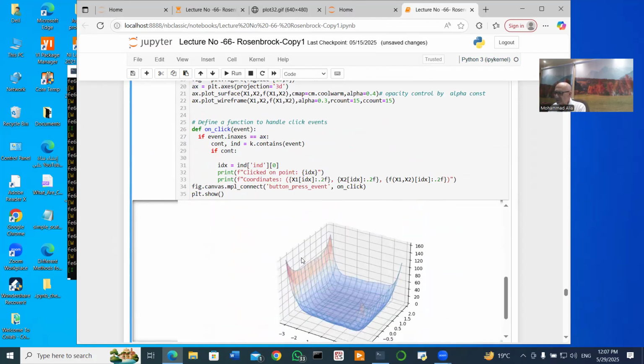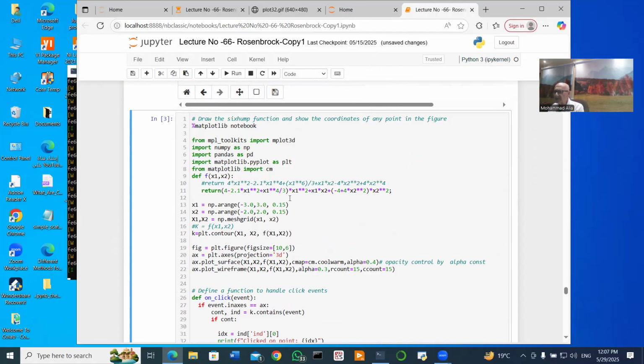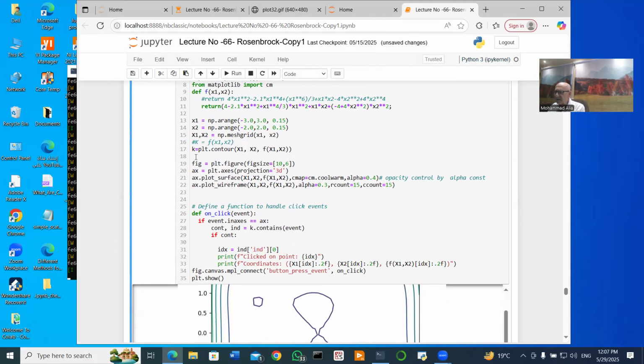So if we run it here, okay, let me explain something for you. The matplotlib notebook line is already written. I have called the necessary libraries and I have defined the function. I have created the mesh grid, and now I want to plot the contour using the new coordinates x1, x2, and f of x1 and x2.